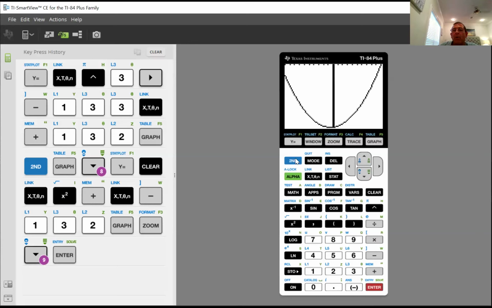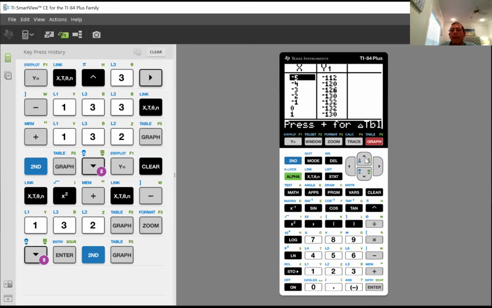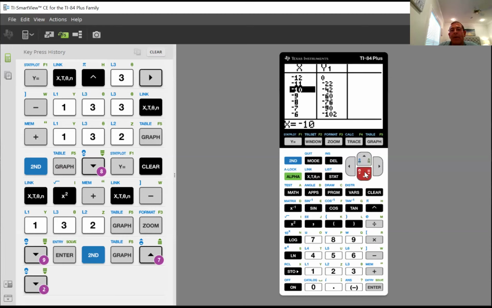So if we will go to our table, now watch, these negative numbers are getting smaller and smaller. I'm looking for a 0 for that y, and right there it is. So they want me to try negative 12. Now the other one was on the positive side, so let's arrow down and go to the positive side.